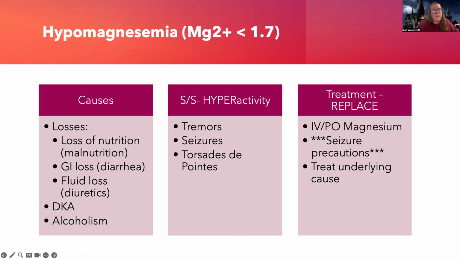So most often it's going to be loss of nutrition, like malnutrition, things like that. GI loss, like diarrhea or fluid loss from diuretics. And also can be with DKA as well. These patients can have a lower magnesium, and alcoholism can also cause this.